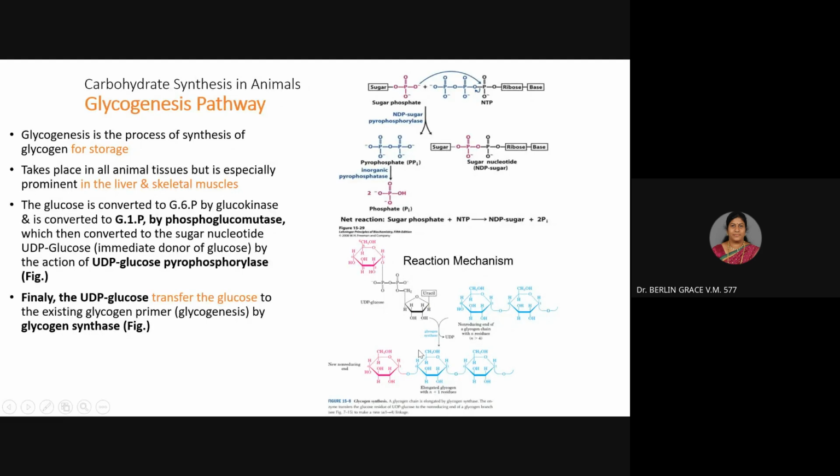The glucose transferred from UDP glucose to the existing glycogen is attached at the non-reducing end. In the diagram, you can see the non-reducing end on the left side. There only the new glucose is added from the UDP glucose. This is the process called glycogenesis.